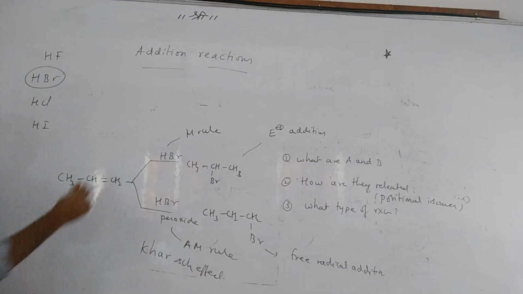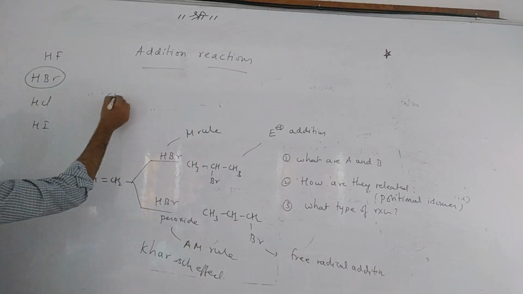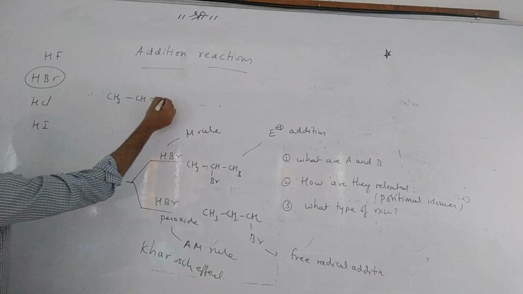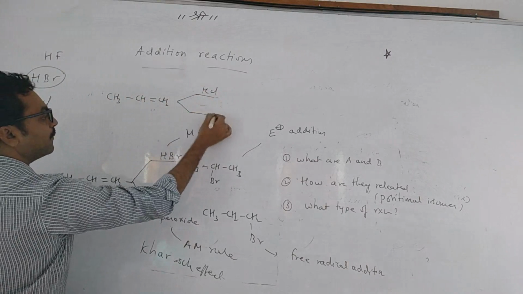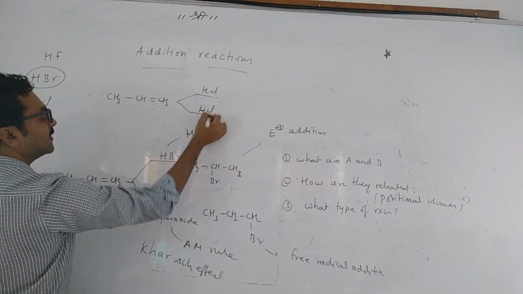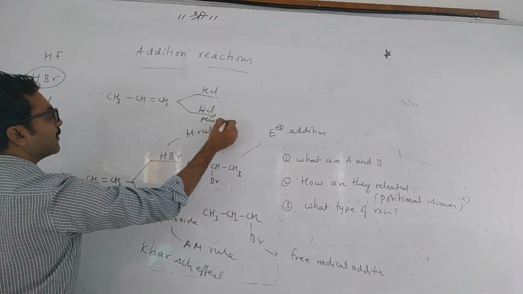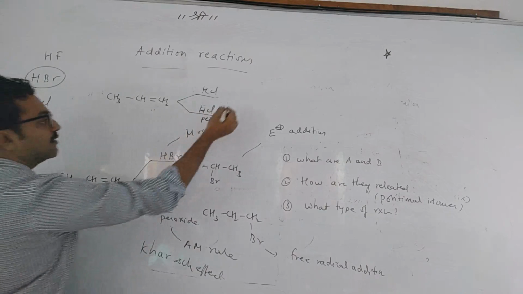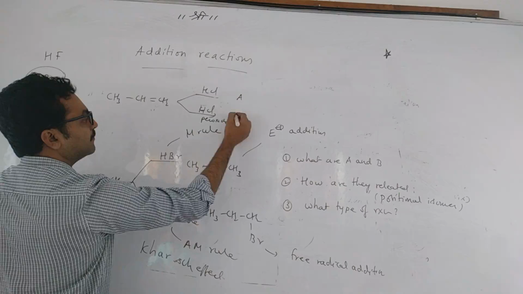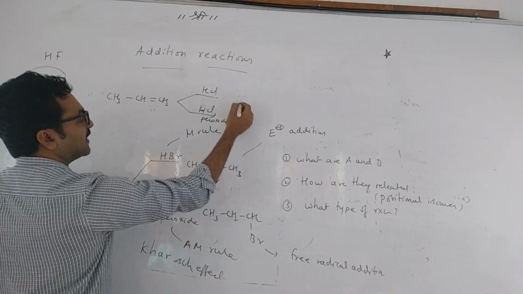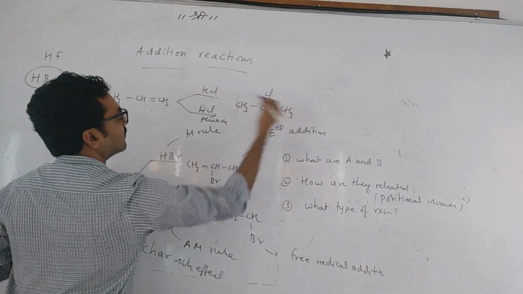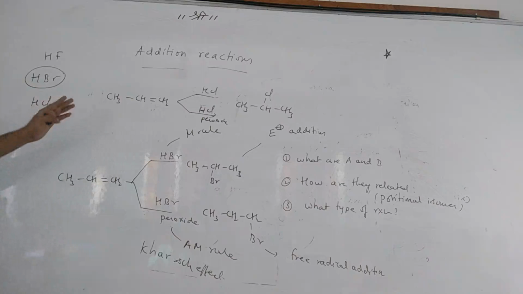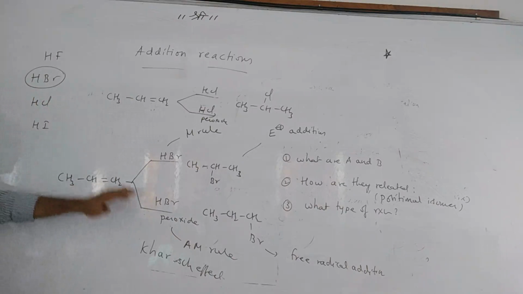If I take the same compound, children, and add HCl in the presence of peroxide and in the absence of peroxide, then both compounds are the same. Both cases the same compound will come. That is the Markovnikov compound only. Here there is no anti-Markovnikov rule. This is very important. Last time they asked. This is applicable only for HBr.